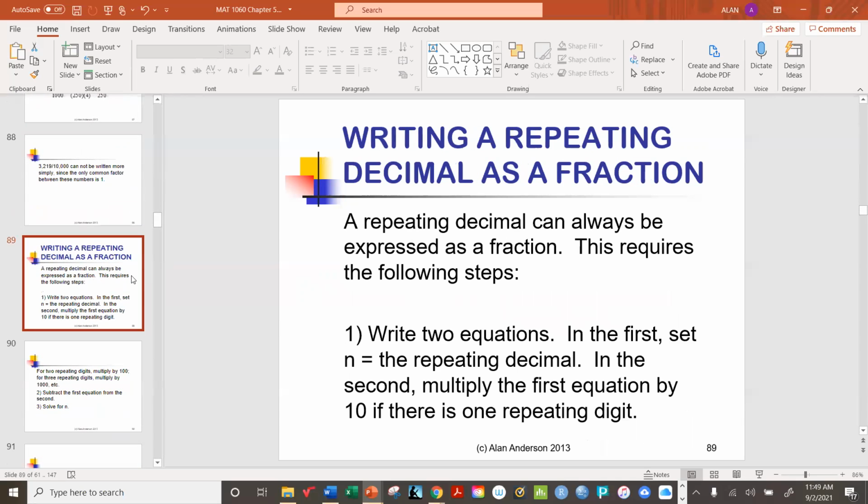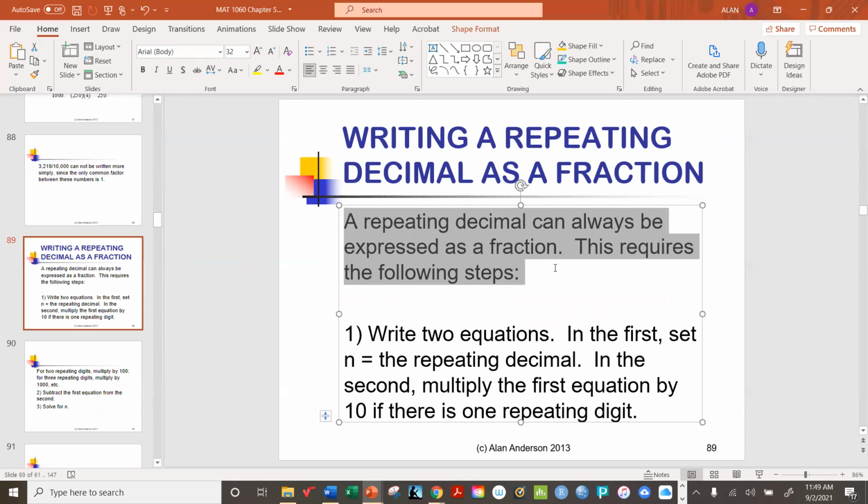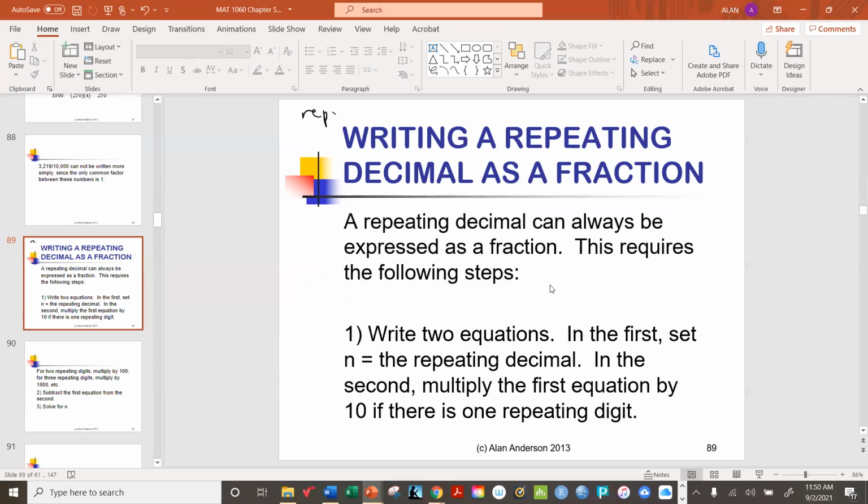These can also be written as a fraction, but it can be very tricky to do it. So in other words, a repeating decimal can also always be written as a fraction, which implies that a repeating decimal is also a rational number.